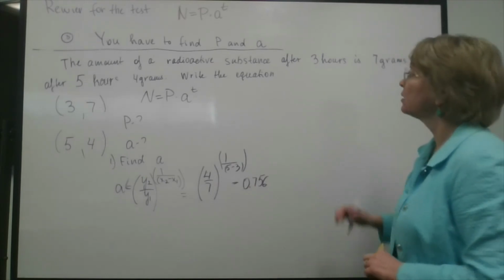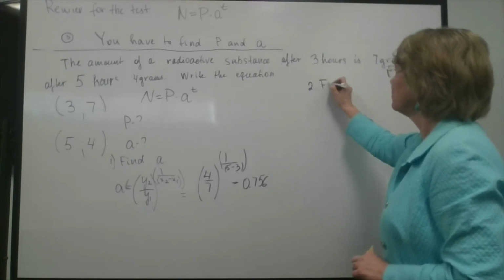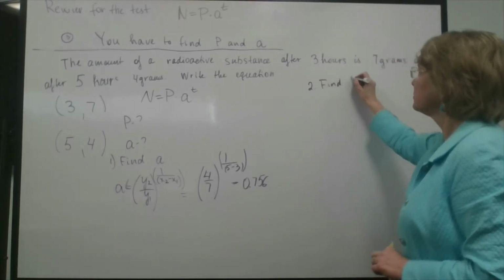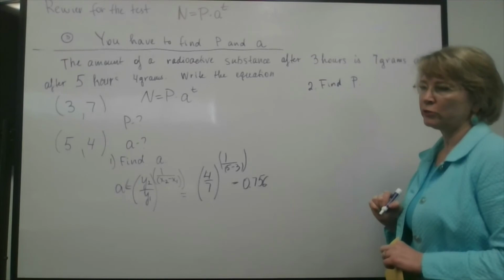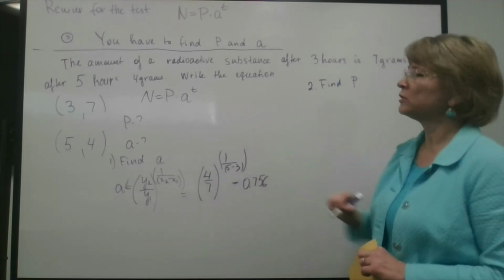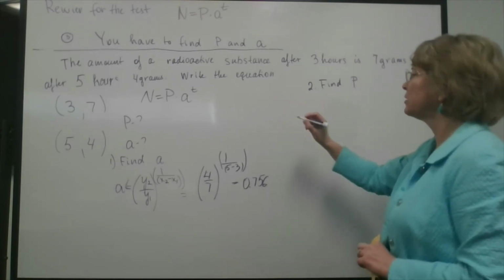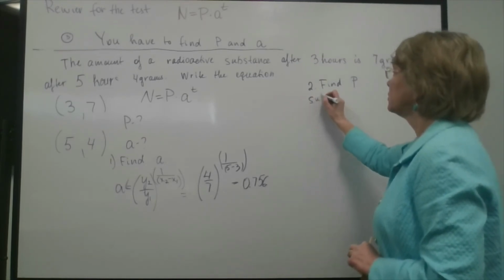The next thing we have to find is the initial value. Find P. How will we do it? We will take A and use the first point and substitute it into the equation. So let's put the words.